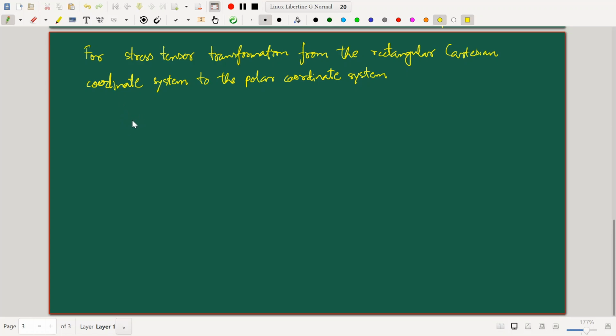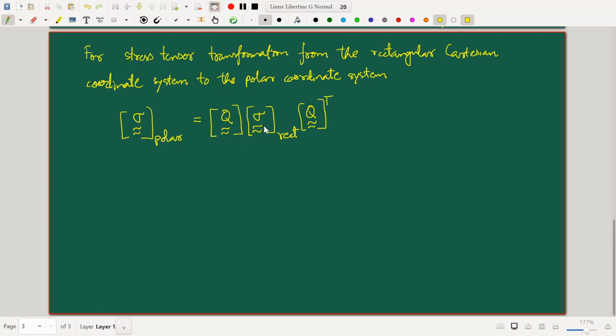What we use is sigma polar will be equal to this, my rotation matrix multiplied by sigma, where this sigma is written in the rectangular Cartesian coordinate system, multiplied by q transpose.